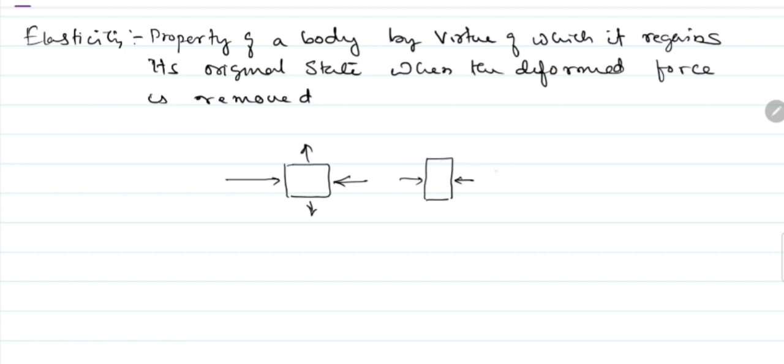Then I am removing that force. This is called a deforming force. After removal of this deforming force, what happened? The body regains its original shape and size. So the bodies having this property are called elastic bodies.